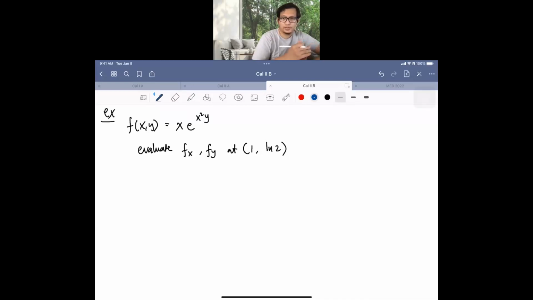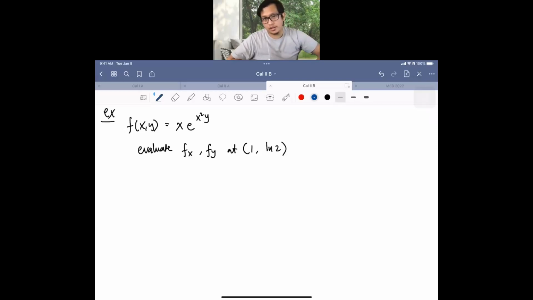Okay, you can try for a couple of minutes, especially if you are still not able to do the partial derivatives. Please take your time to evaluate.